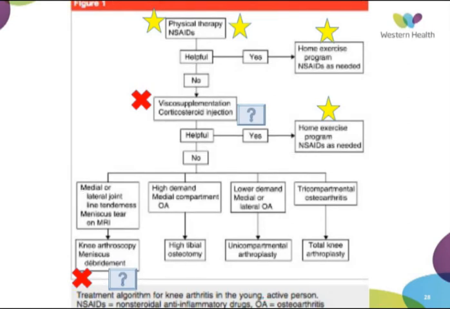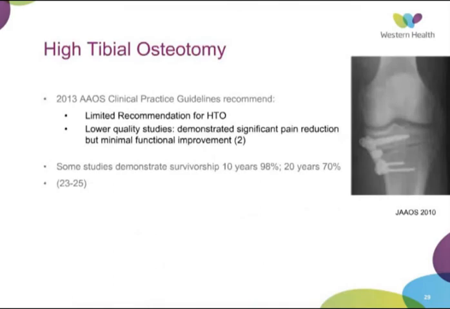What about HTOs? The clinical guidelines say that there is limited recommendation for a HTO, and the quality of studies is low, but there is a significant improvement in pain, with very minimal functional improvement.